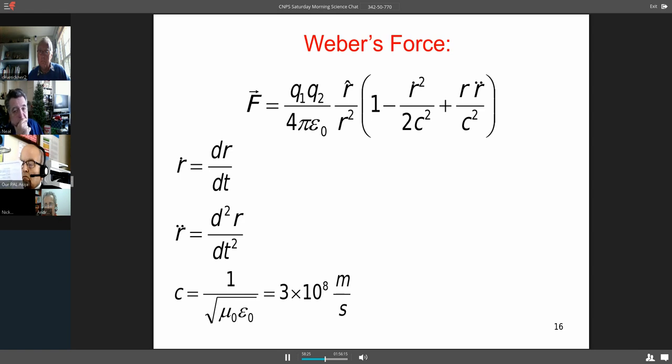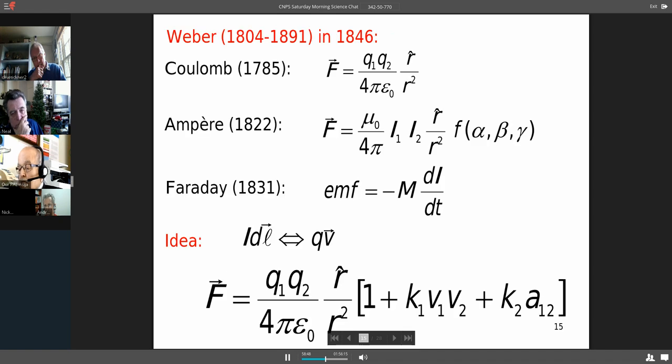Was this the result of that kind of combination, unification of those three forces, or was it something like a calculation, something reasonable to expect and to tailor the forces to satisfy such a criterion of invariance or contravariance or whatever? No. When Weber arrived at his force, it was nothing like invariance. He only knew Coulomb, Ampere, and Faraday. And that invariance came out from it, actually, right? No, no.